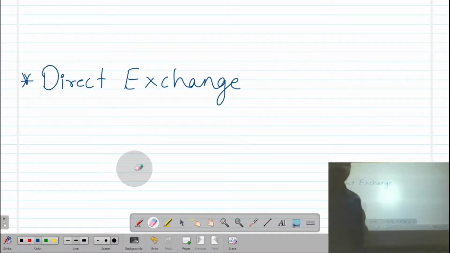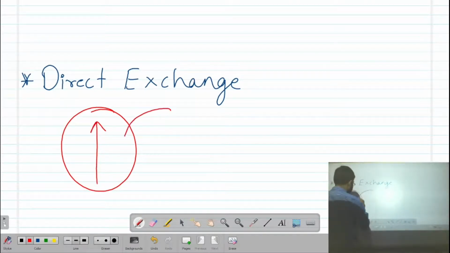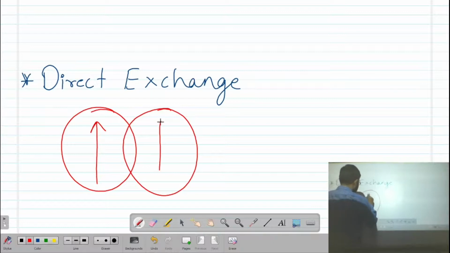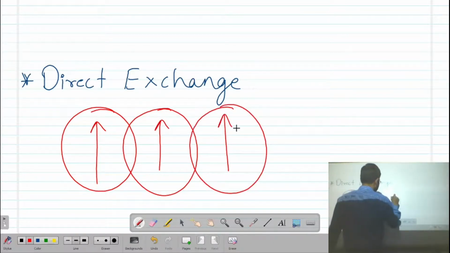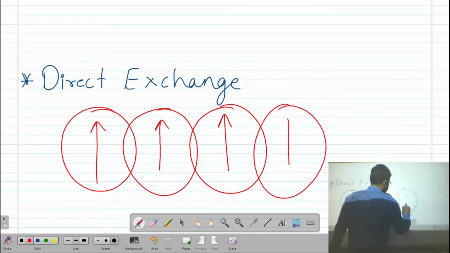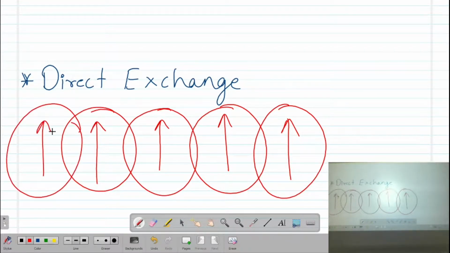First of all, let me draw the diagram for direct exchange. This is the diagram of direct exchange, right?